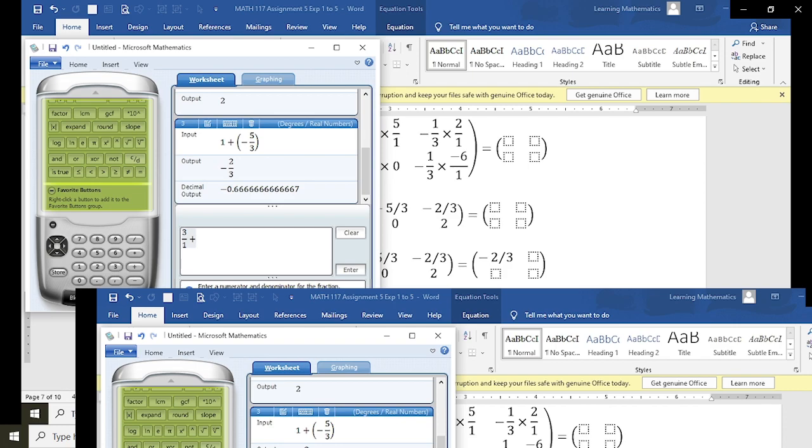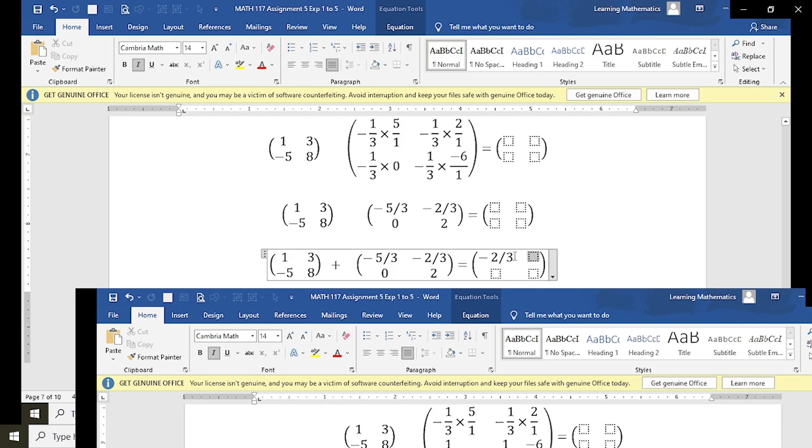If you want to do it manually, then the over 1 will be useful. But with the calculator, you just put 3 and you get 7 over 3, right? Yes, sir. 7 over 3.